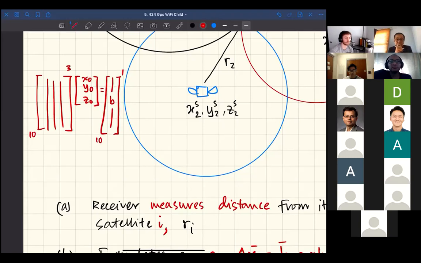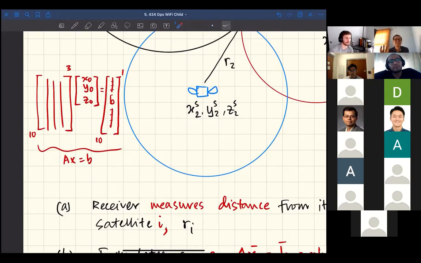If this is our AX equals B formulation, how many satellites are there? 3. Or 1, I guess. What are the elements of B? It's like measurements from, oh, so that's like 10 satellites.